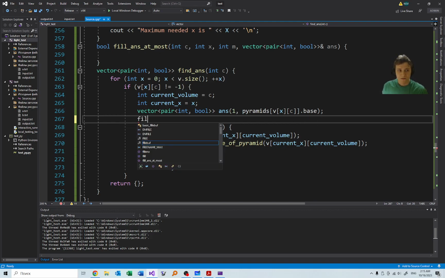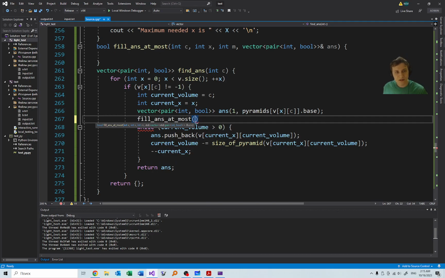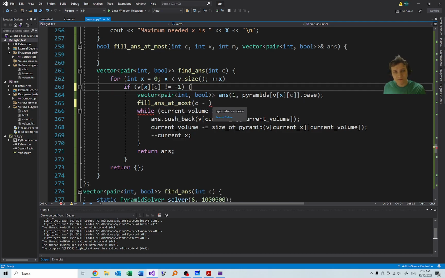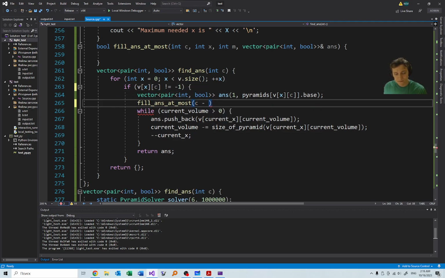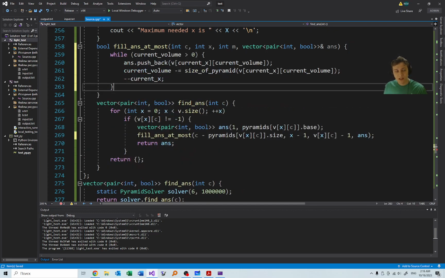And I run this function fill at most, with C minus this dot size, X minus 1, and the number of pyramids should be at most this minus 1. And I put it in the answer. Then I return answer. So here we need to be careful, because we don't need to repeat the same pyramid.